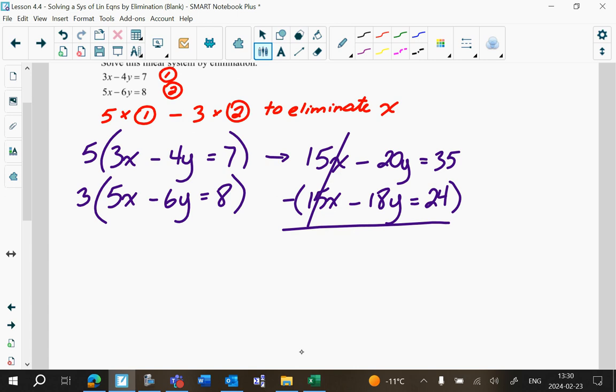Negative 2y, I thought I heard. Remember, negative 20 subtract negative, so that becomes plus. So negative 20y plus 18y, yes, becomes negative 2y equals 11. So what is y?